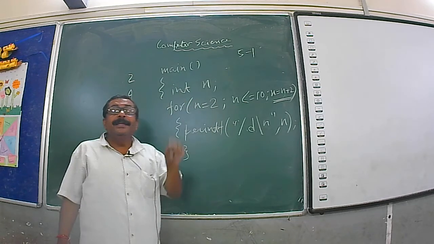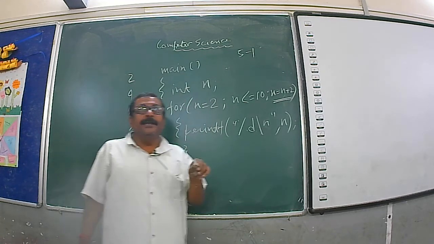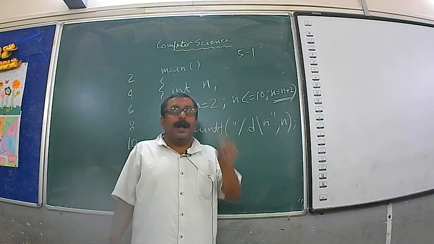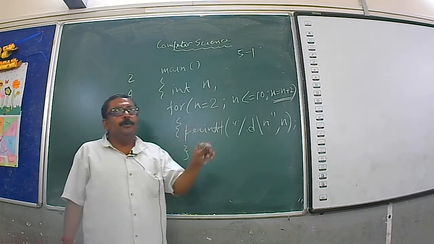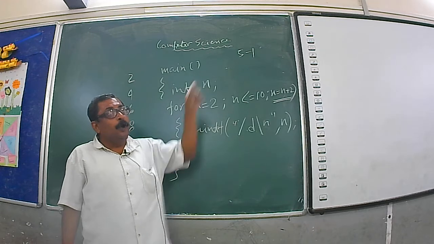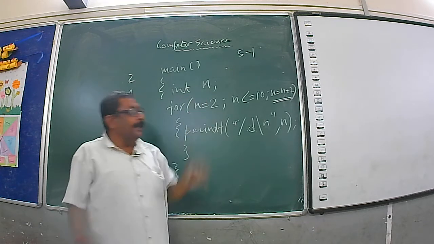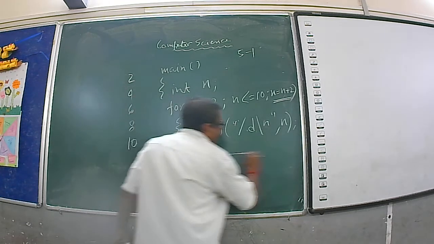But when you want to increment or decrement by something other than 1, then you have to write down the full statement, whatever we have written at the beginning. Again, I am giving the format.